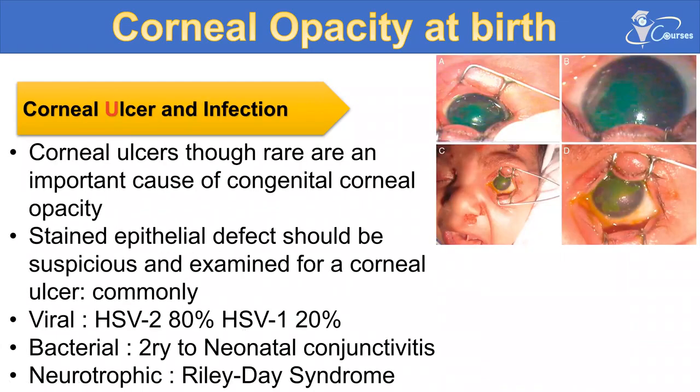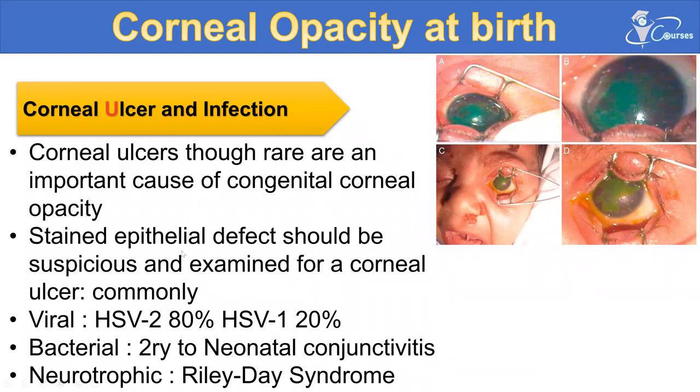The third differential for corneal opacity at birth is U, or corneal ulceration and infection. It is not common, to be honest with you, since, as we mentioned last time, even from the 18th century obstetricians used silver nitrate eye drops as a chemical prophylaxis against birth-acquired infection.